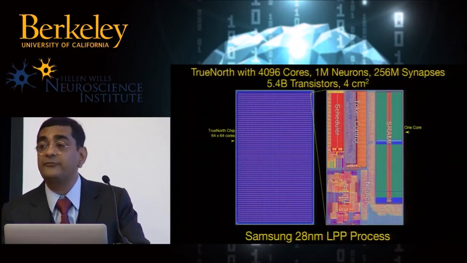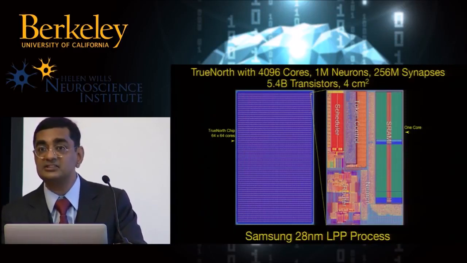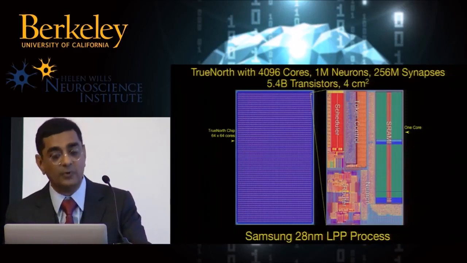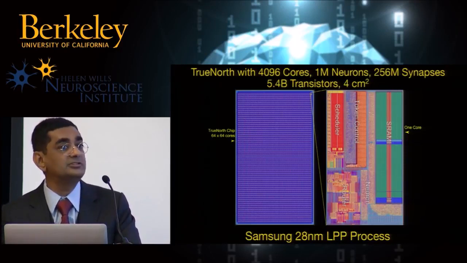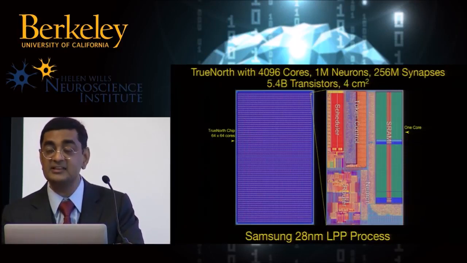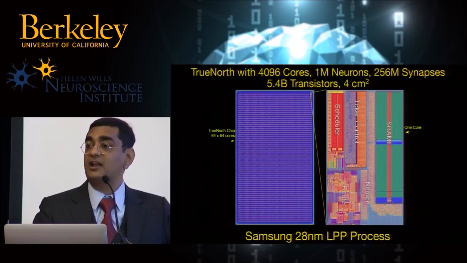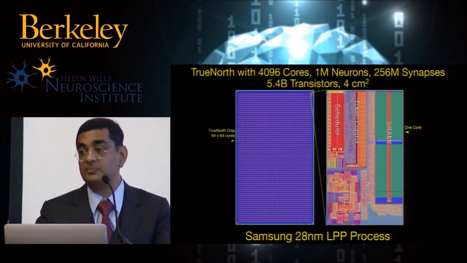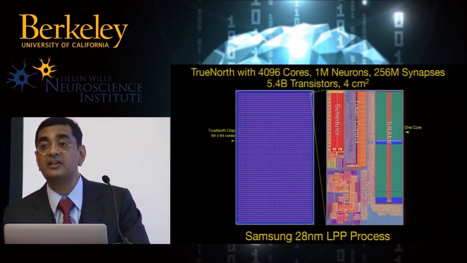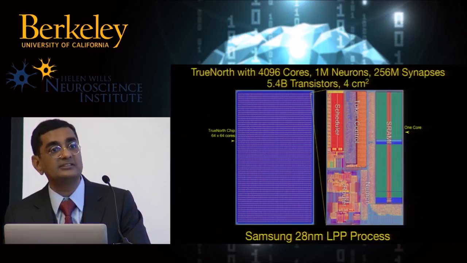The chip has 4,096 cores in a 64 by 64 array with a network on chip, 1 million neurons, 256 million synapses, 5.4 billion transistors. So it was, at that time, the largest IBM chip and one of the largest chips made, 4 square centimeters area. It was made in Samsung 28 nanometer low power process.